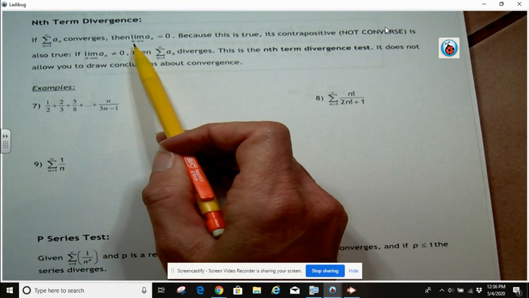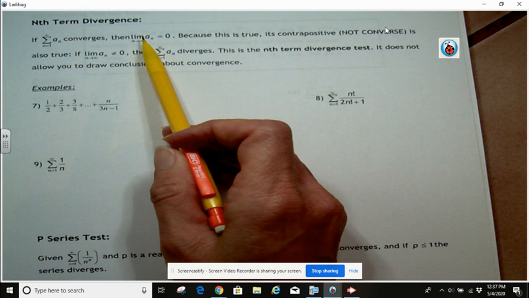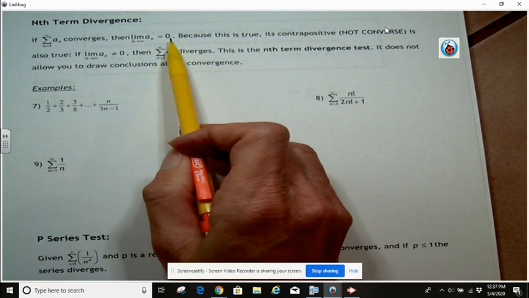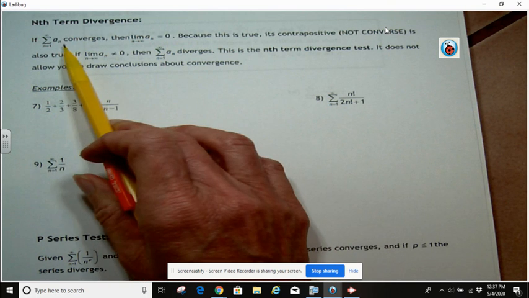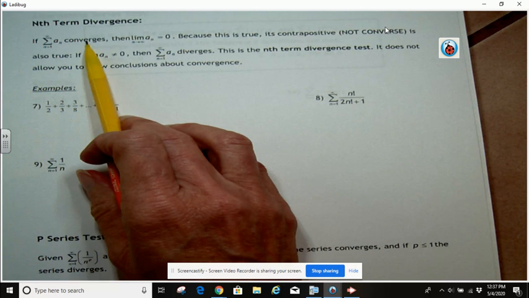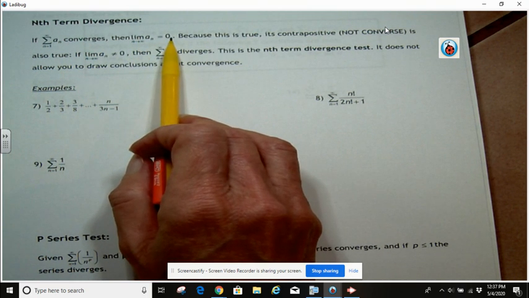So we have a limit as n goes to infinity. So we've been over that, rule 1, rule 2, rule 3. If the limit to infinity of this expression next to the sigma is equal to 0, okay, then if the infinite series converges, then the limit to infinity will be 0.